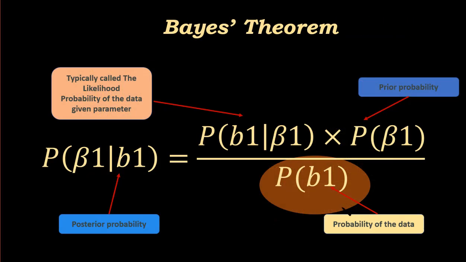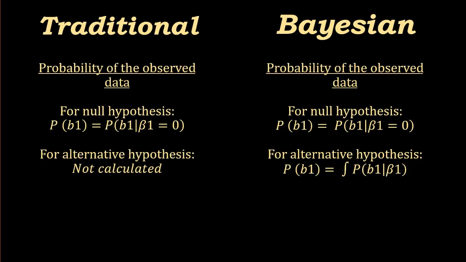Now, we need to go to the probability of the data. This is quite difficult to calculate when the models are complex and with continuous variables, like in this case. Okay, so in the traditional approach, the probability of the observed data for the null hypothesis, that's a probability of B1 equals the probability of B1 given that beta 1 equals 0.